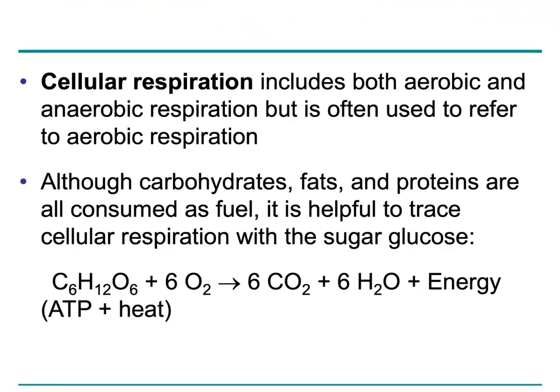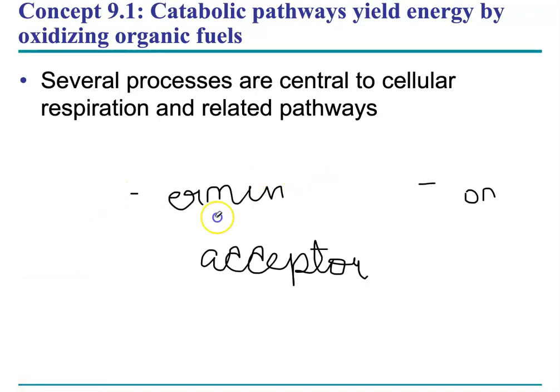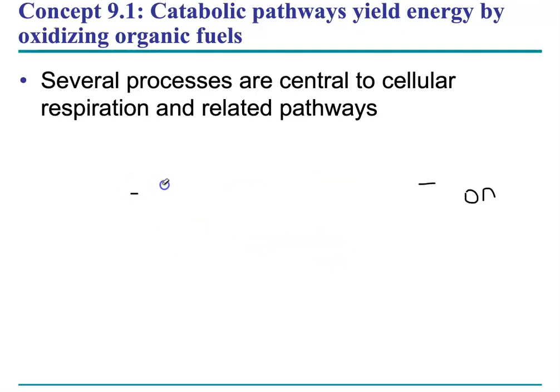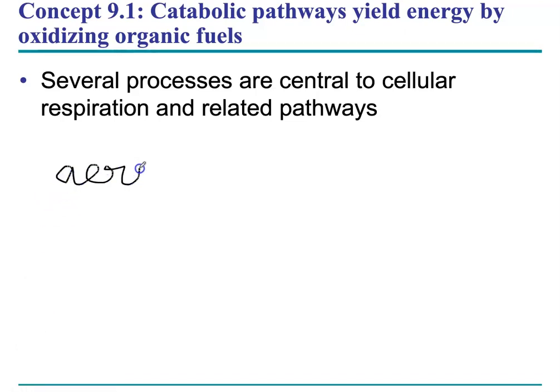So there are multiple types of respiration that take place. The first one is aerobic respiration. Aerobic respiration is when oxygen is involved in it. The terminal electron acceptor is oxygen.